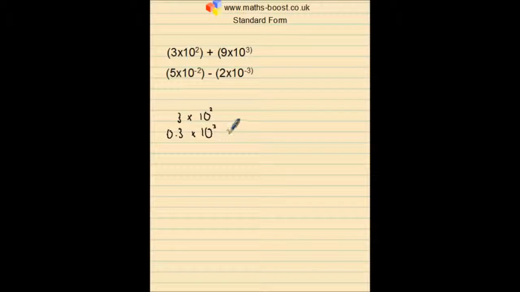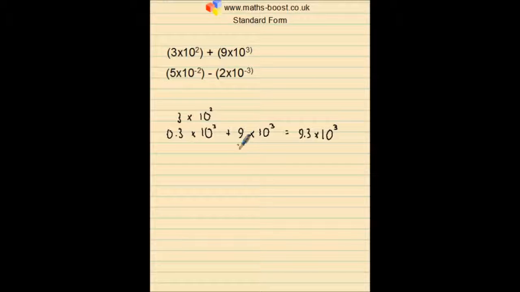And then I'm going to add to that 9 times 10 to the 3, and you can just see how easy it is. If I've got 9 times 10 to the 3, add 0.3 times 10 to the 3, well, I've got 9.3 times 10 to the 3. Simple.